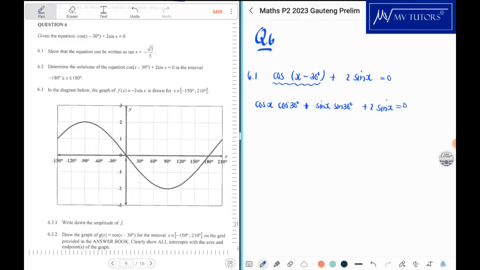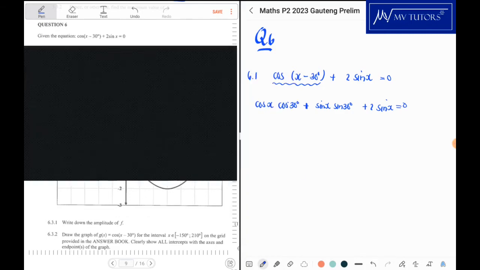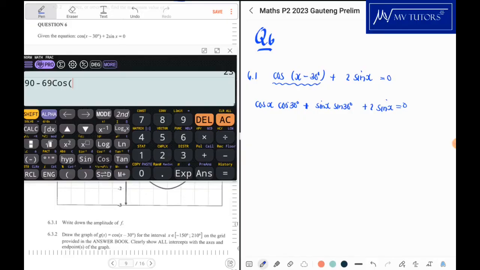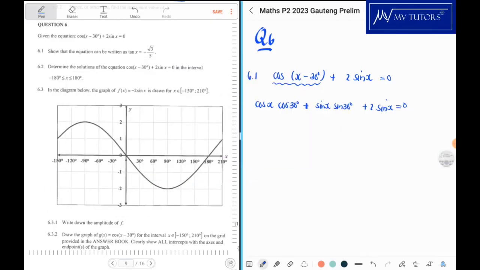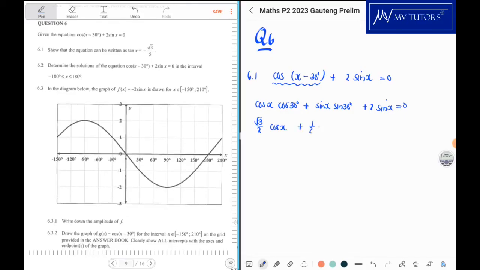So cos 30, if you're not sure what that is, it should be root 3 over 2, but if you're not sure, please do use your calculator and just check. Cos 30, so yes, that is root 3 over 2. And sine 30 degrees, that should be a half.